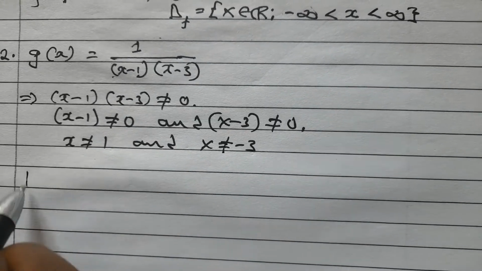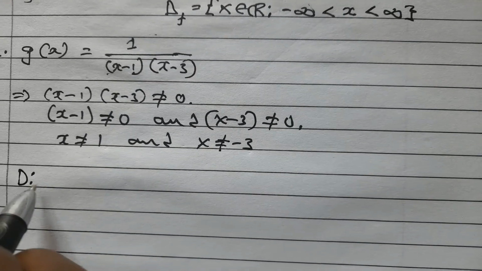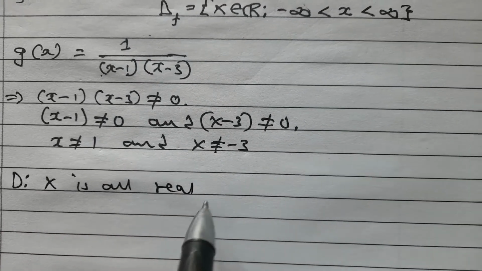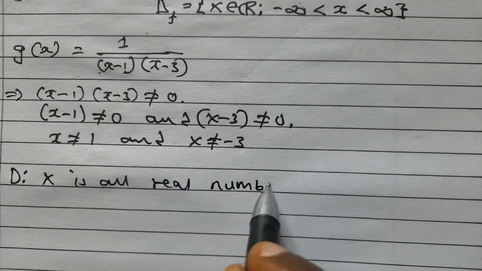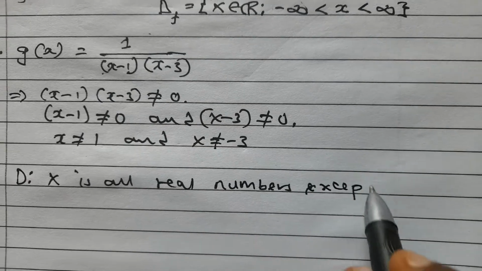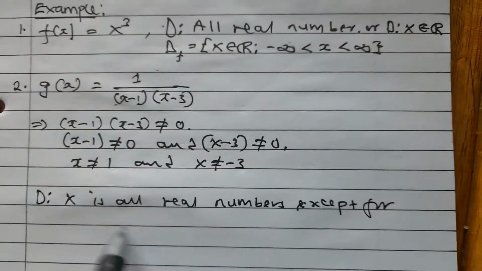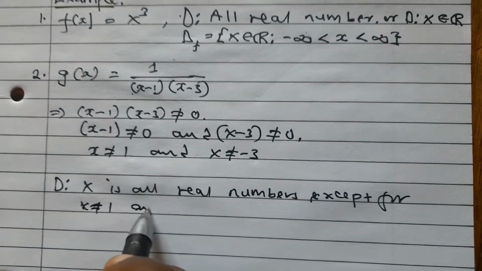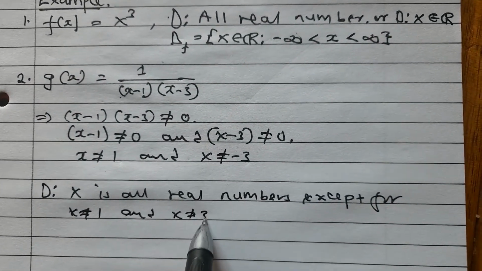So I'll say the domain of this function is such that x is all real numbers, except for x is not equal to 1 and x is not equal to 3.